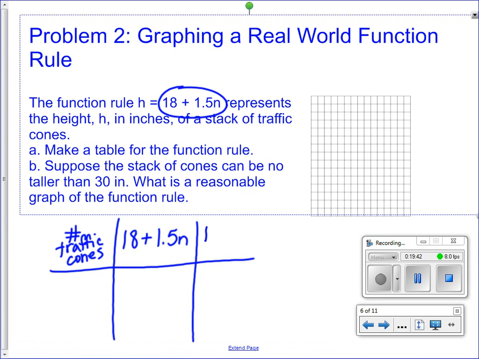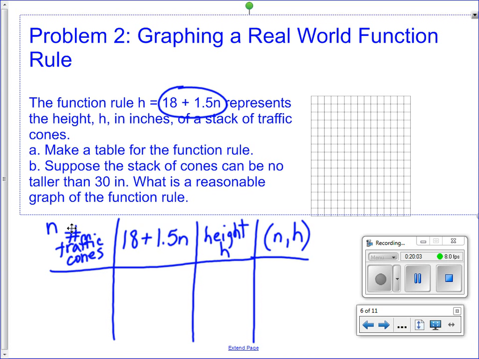That will give us the height, h. Our number of traffic cones is represented by n. And then we'll have our ordered pair n, h.